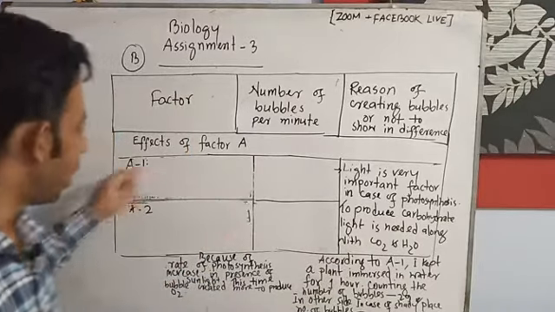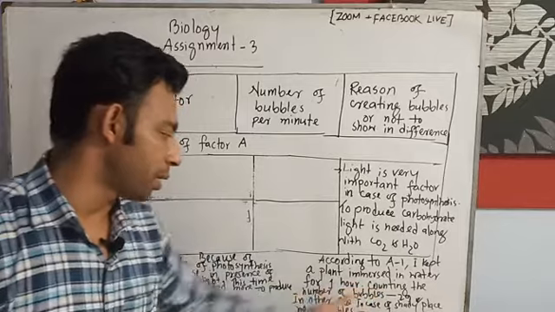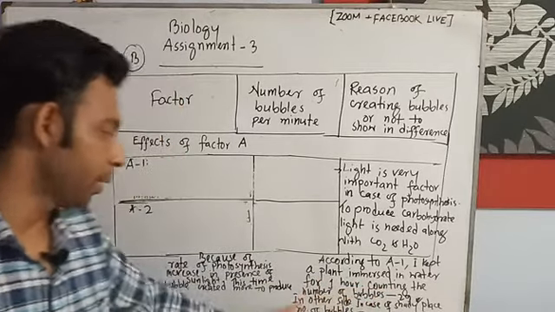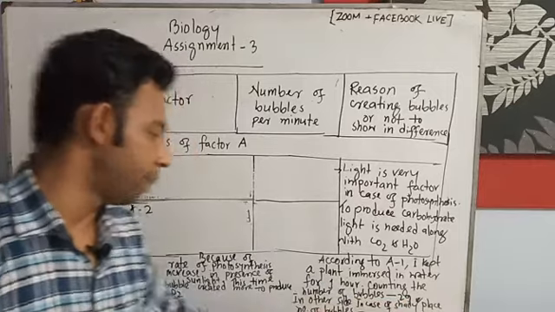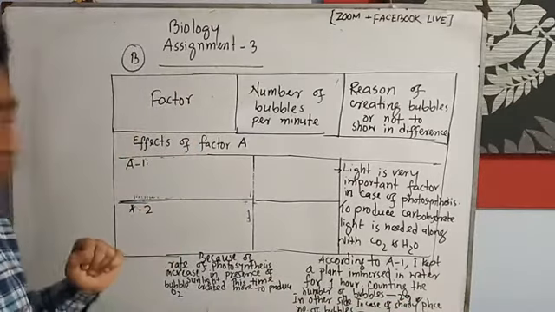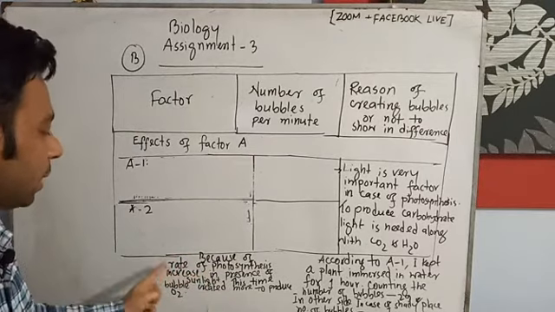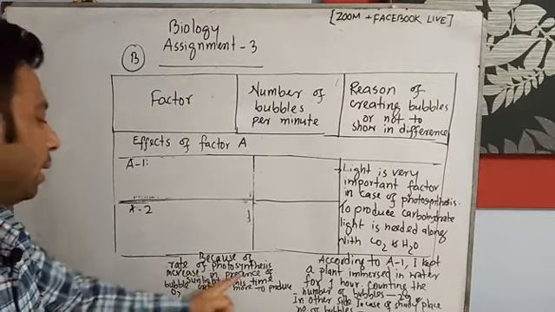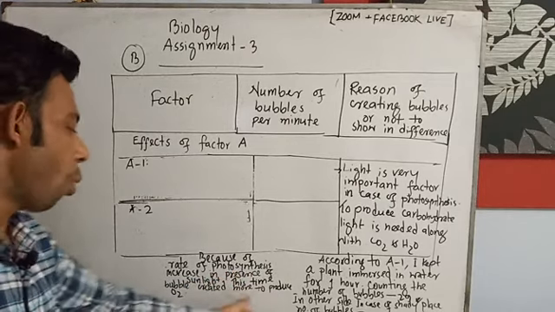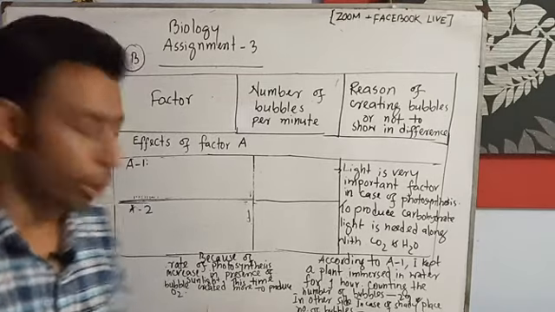According to A1, I kept a plant immersed in water for 1 hour, counting the number of bubbles, 29. On the other side, in case of a shady place, you will write the number of bubbles we find out there. And then, because the rate of photosynthesis increases in presence of sunlight, this time bubbles are created more to produce oxygen.